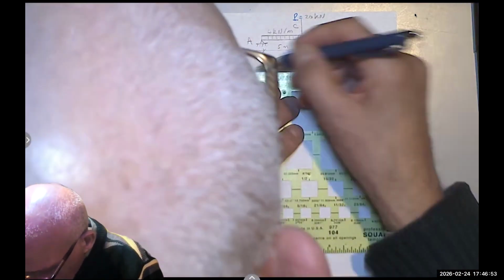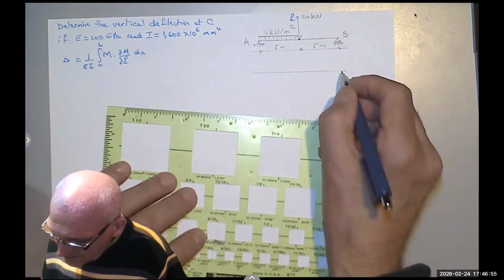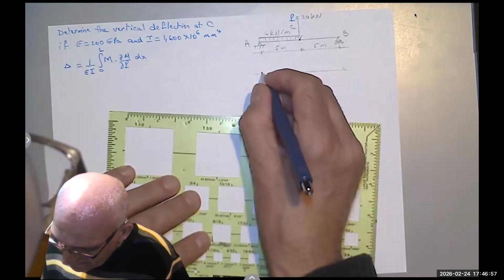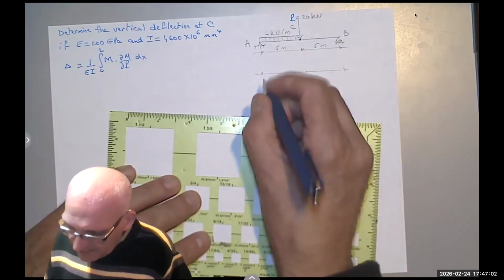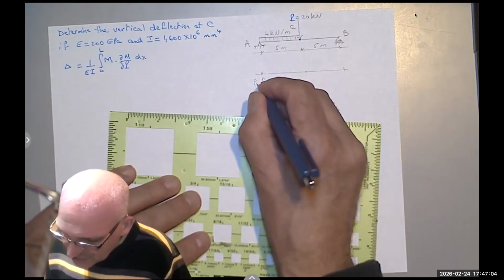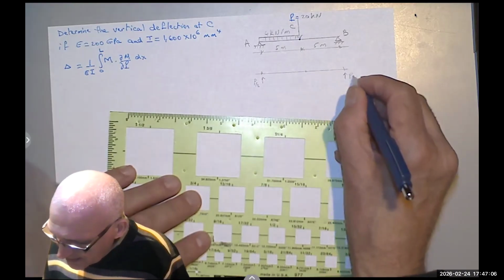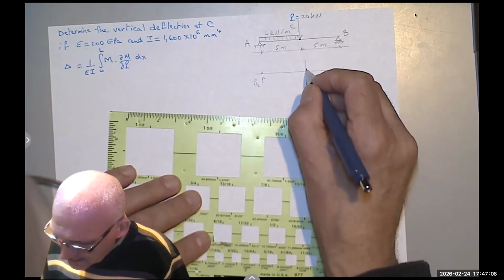So basically, we can quickly find the reactions. I know the 20 or the P would become P over 2 and P over 2, and then I can ignore them. How can I ignore it?